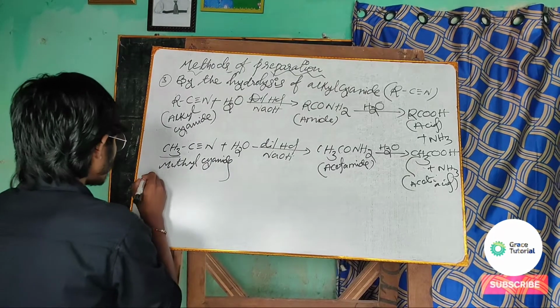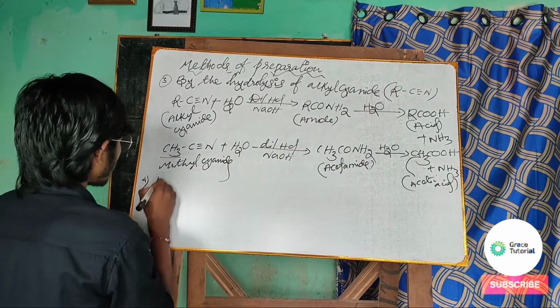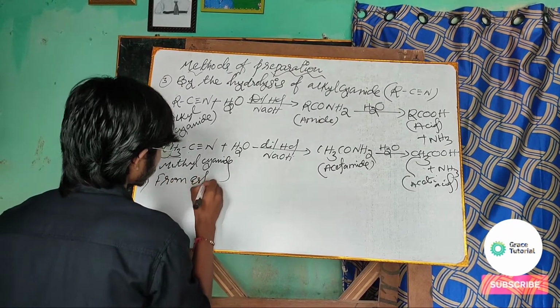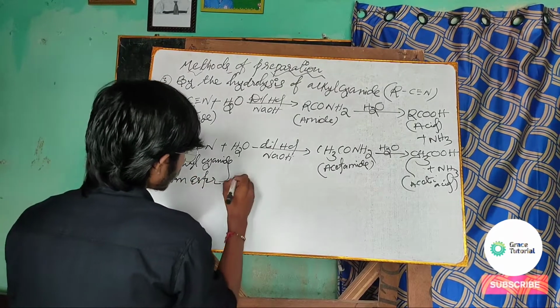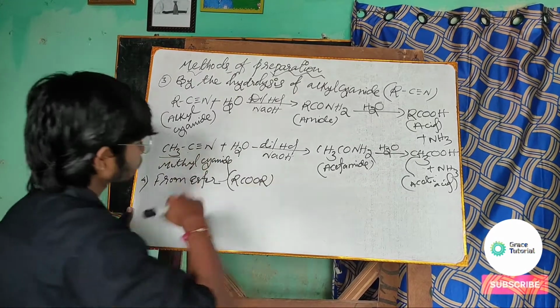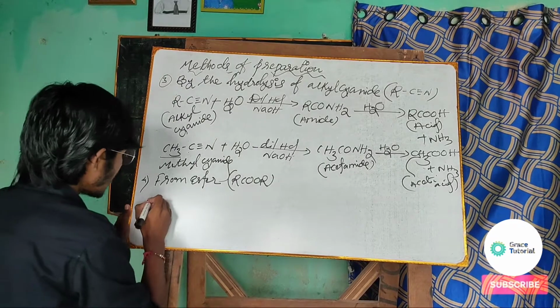Now we will move on to the fourth one, that is from ester. What is the formula for ester? RCOOR. So I have taken ester.